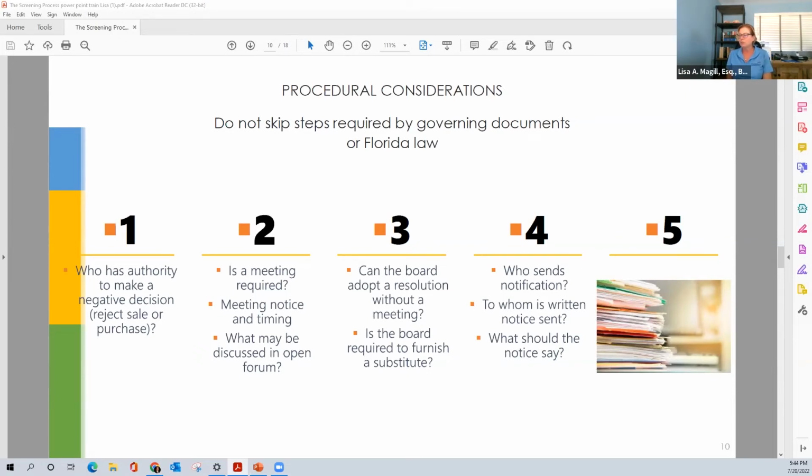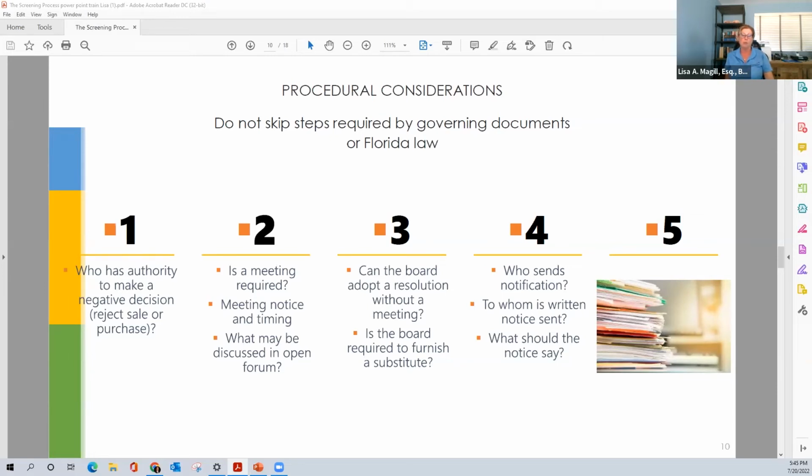So the procedural considerations we talk about in this slide are, who has the authority to make a negative decision, even if you're delegating your processes or the actual logistics to management or to a screening committee? Do you want to empower them to make a negative decision?